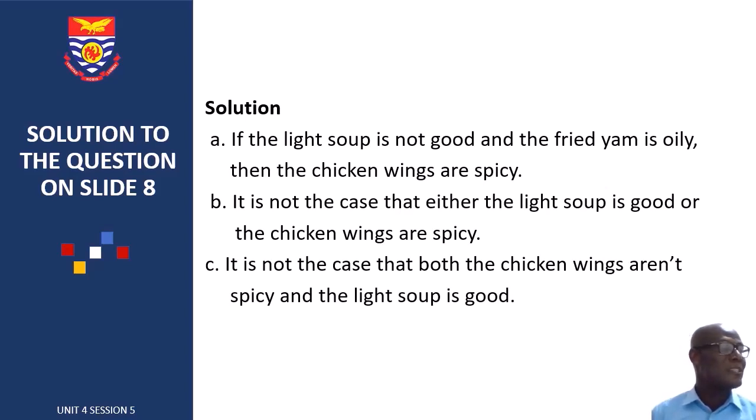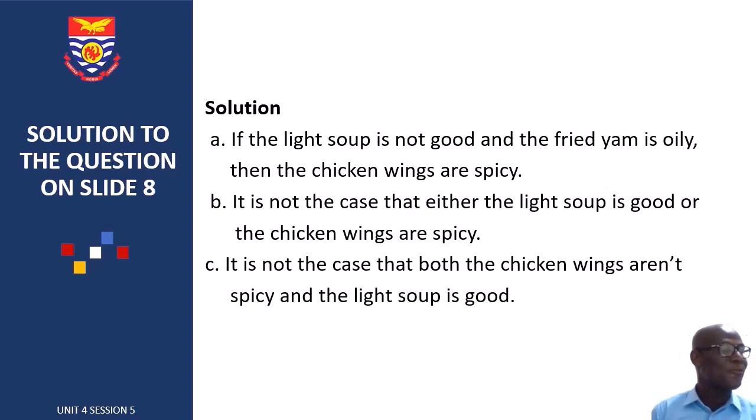And the statement Q is given to be the fried yam is oily. So we combine that with and. So if the light soup is not good and the fried yam is oily, then it implies the chicken wings are spicy.